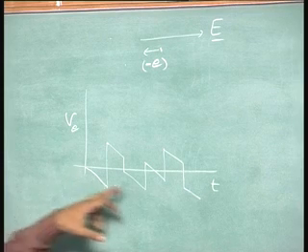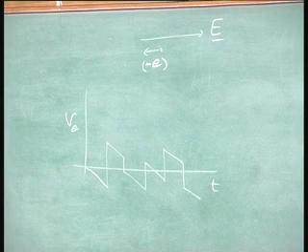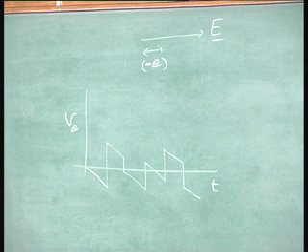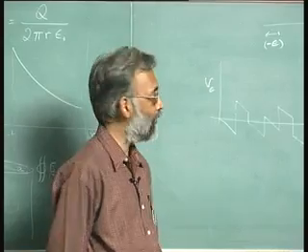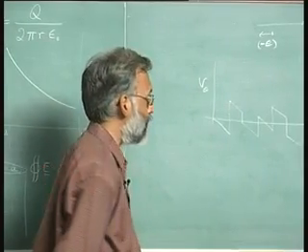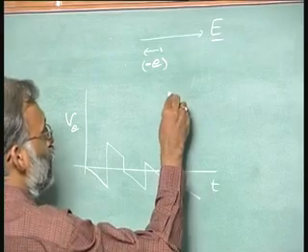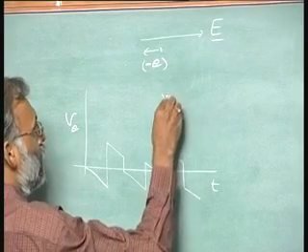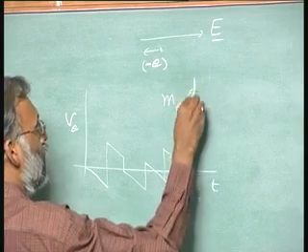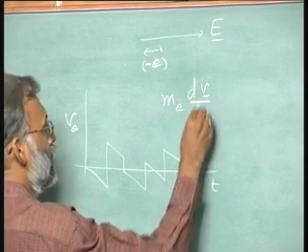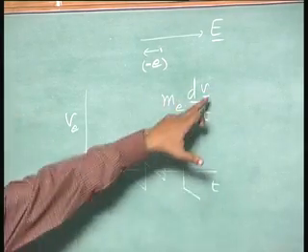Now, in the process of doing this, the electron develops an average velocity. The average velocity of the electron is obtained by writing the force equation. The force equation for an electron would be mass of the electron times dV/dt, that is d/dt of the velocity.